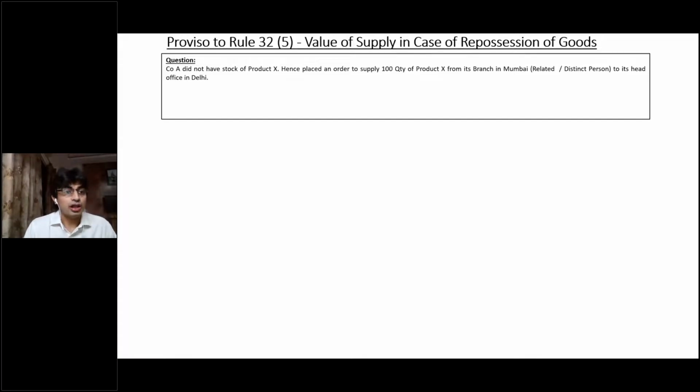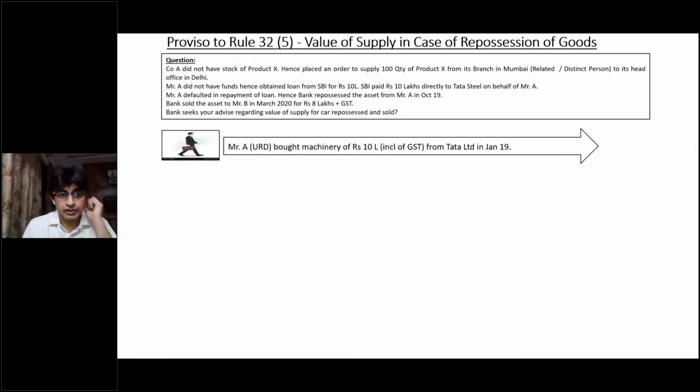Say this first. Mr. A bought machinery of 10 lakh rupees from Tata Limited in January 19. Oh, in the question the first line has some mistake. Please do not read this. Read this example.